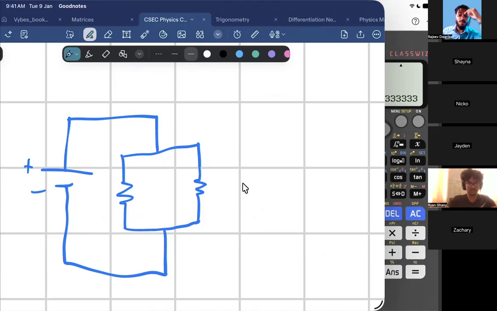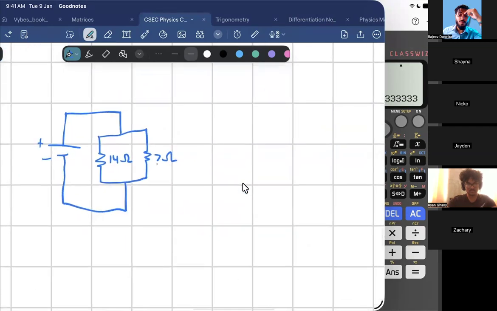Parallel. Right, so this is 7 ohms and this is 14 ohms. I want you all to find the combined resistance, the total resistance, RT.